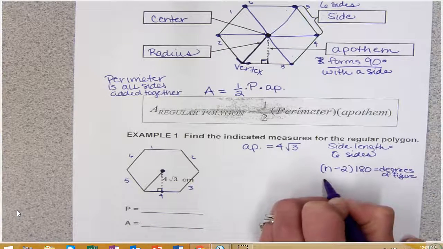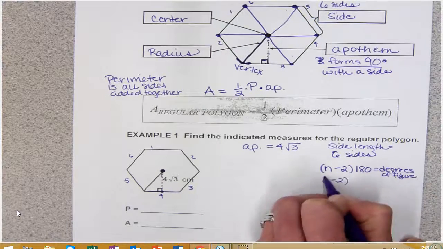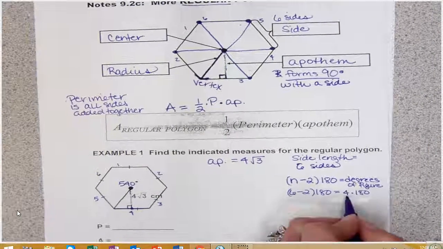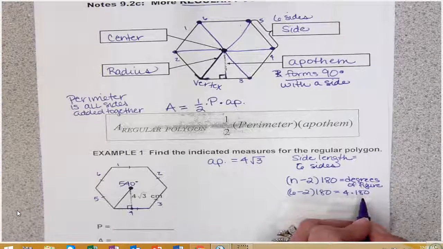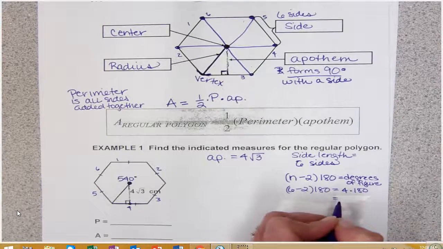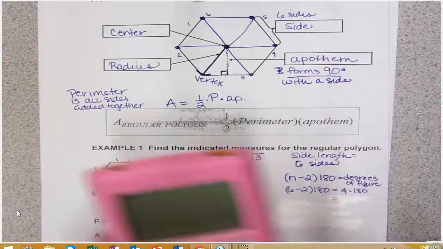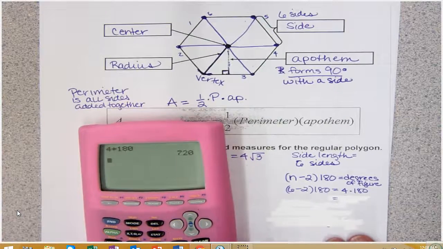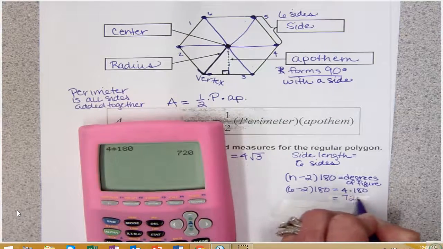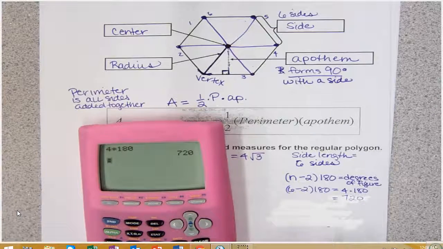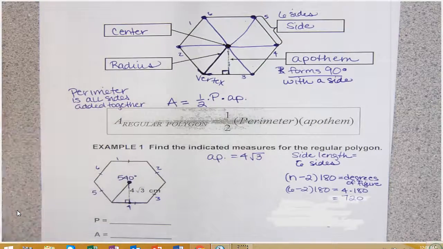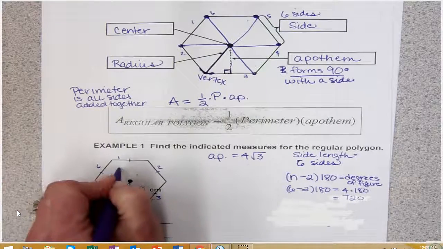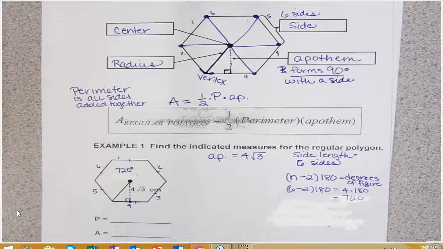So I have 6 sides. I'm going to say 6 minus 2 times 180. That's going to give me 4 times 180. If I plug it into my calculator, 4 times 180 is 720. So now I know that this is 720 degrees in a hexagon.